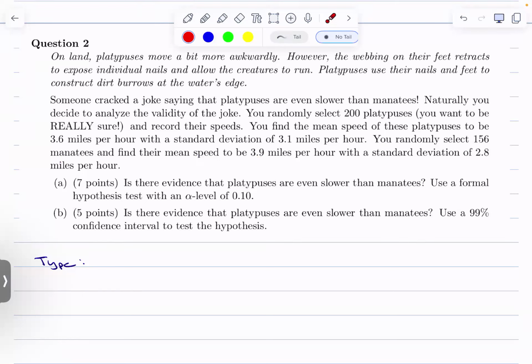Now, we know that we're restricted to chapter 7, which is really just one sample mean, paired data, or 2 sample means, right? I definitely have 2 samples, right?